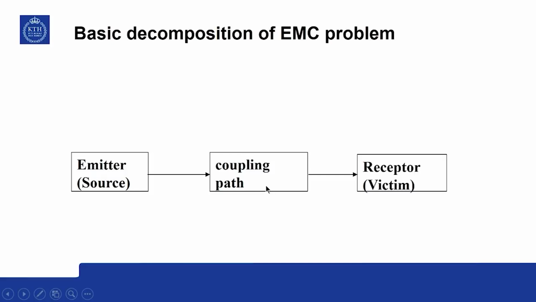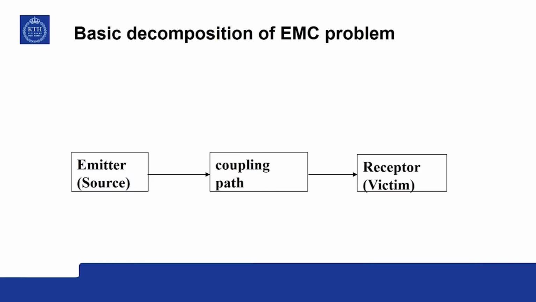Now, in later chapters, when we go into the reasons for EMC issues and also how to solve EMC problems, one basic presupposition is that you clearly know what your emitter is, the source of the problem, and you have a clear understanding of where it is causing the problem, the victim. Often this is very difficult in a complex system, and also you have to know the coupling path of the electromagnetic energy.